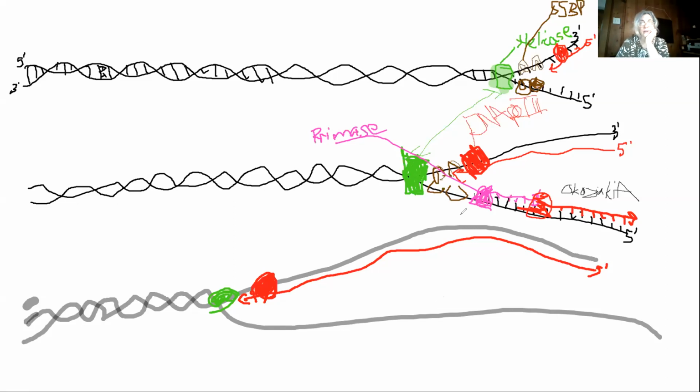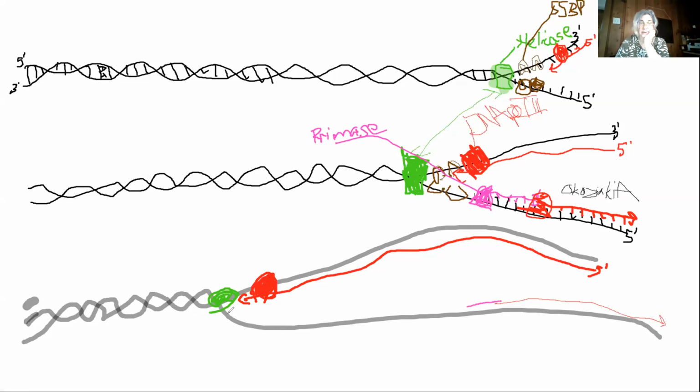So let's see if we can't draw that a little better here. Okay, so this would be my first piece that's already finished. Put it here like that, right? And remember, it still has this pink portion at the beginning of it from the primer.